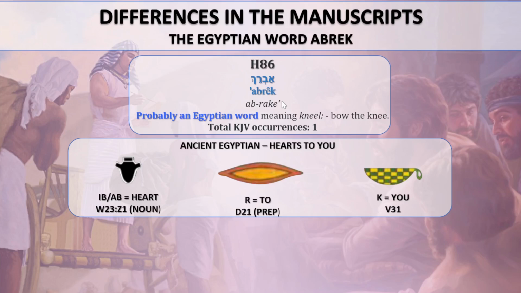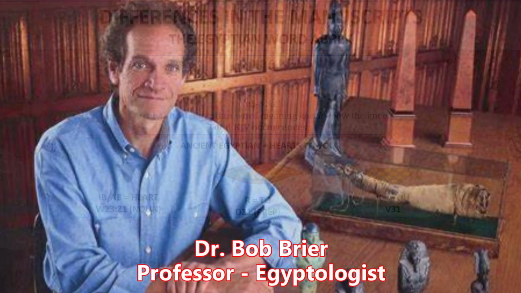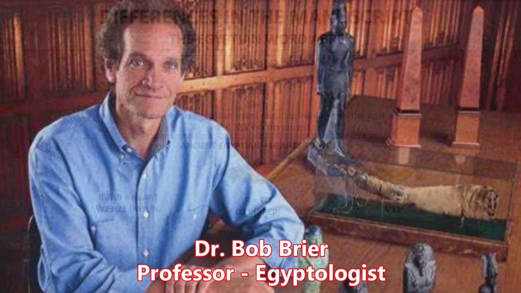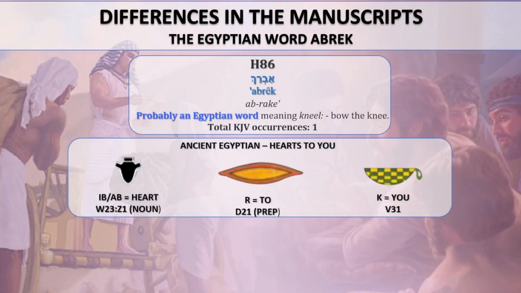Now I learned this from my favorite Egyptologist, a man named Dr. Bob Breyer. He was really my teacher on ancient Egypt. And I absolutely love this man, mainly because I didn't like ancient Egyptian history. I love history, I just couldn't get into ancient Egypt.